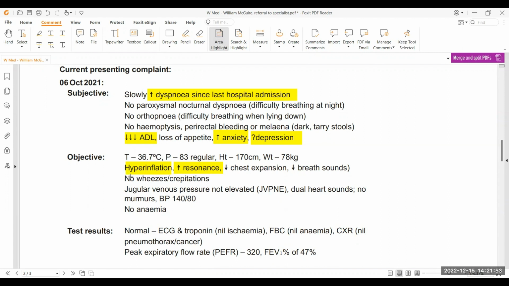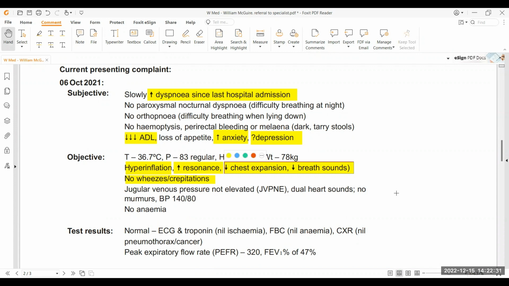Would that be relevant to mention even though there's none? Normally we don't mention it, but for him maybe it is important, so we can mention it. Anything else, doctor? Chest expansion and low breath sounds as well. Anything else here?